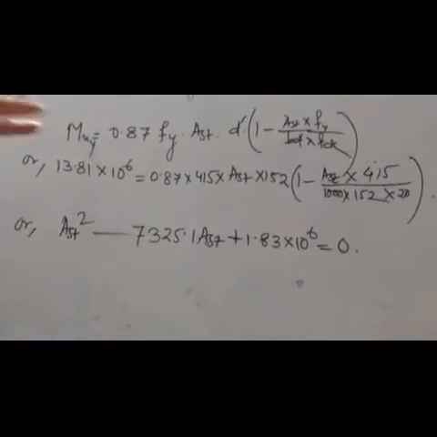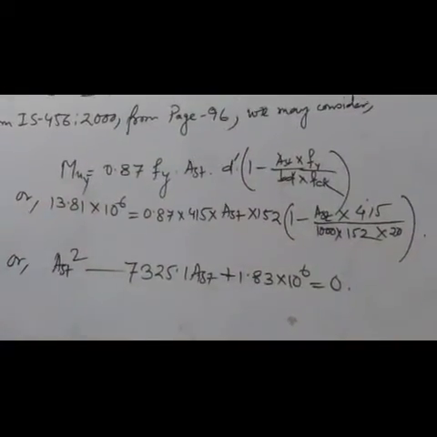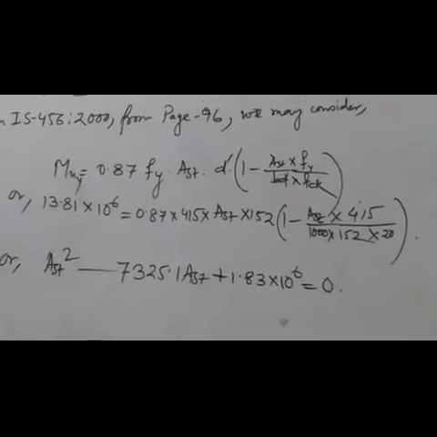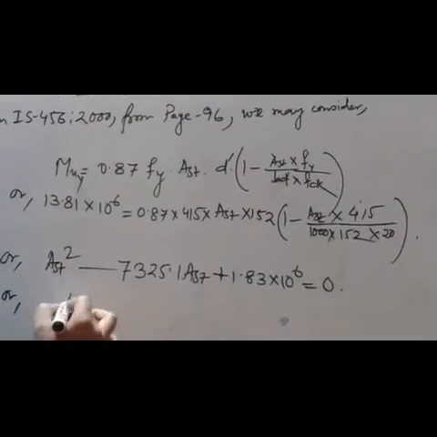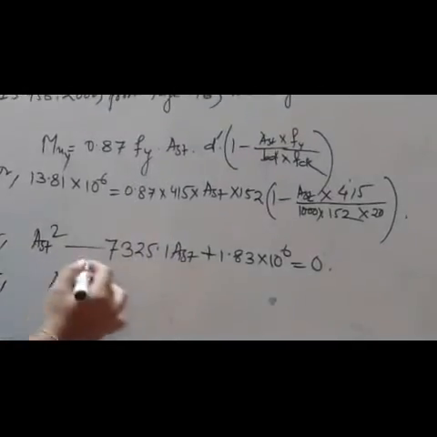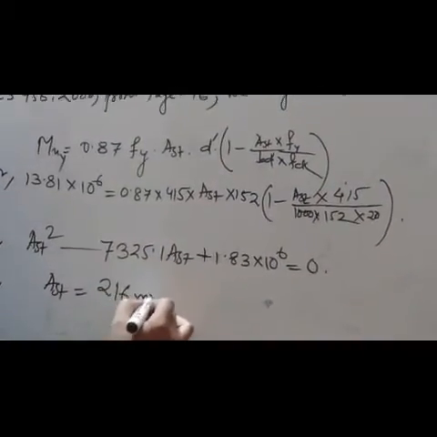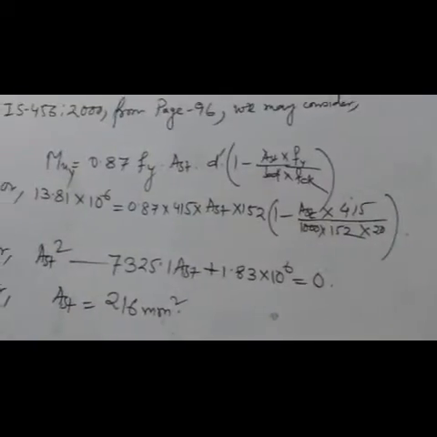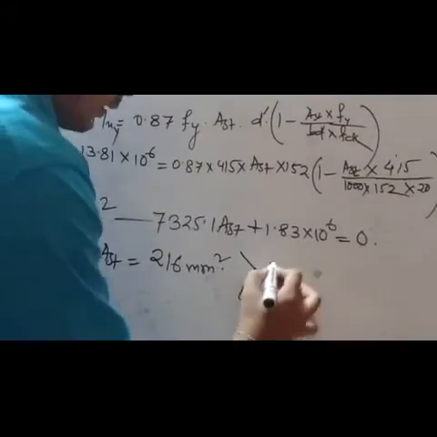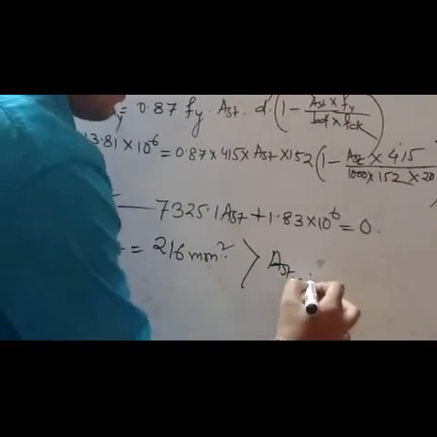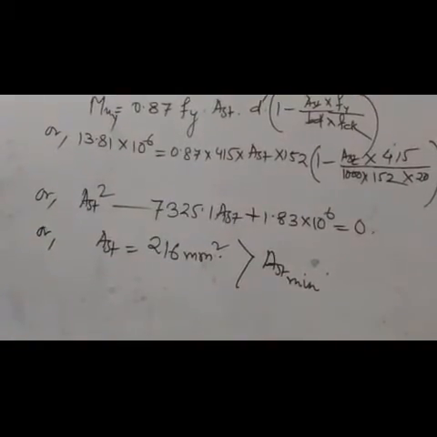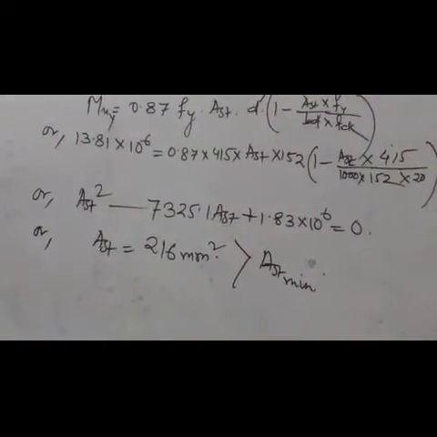If we rearrange it and calculate it in a simplified form, from here you will get by calculation the value of Ast is 216 millimeter square, which is also greater than Ast min, which we have already calculated. So this value has to be considered.